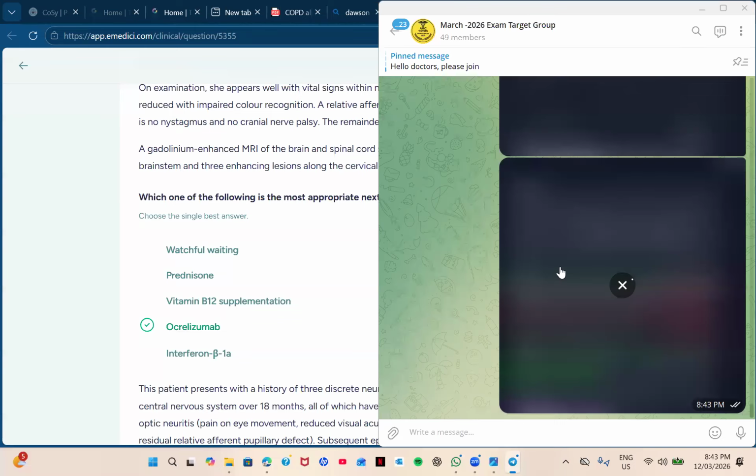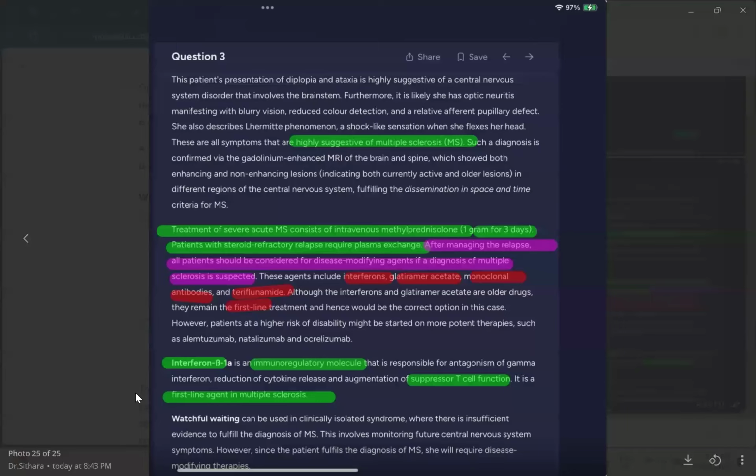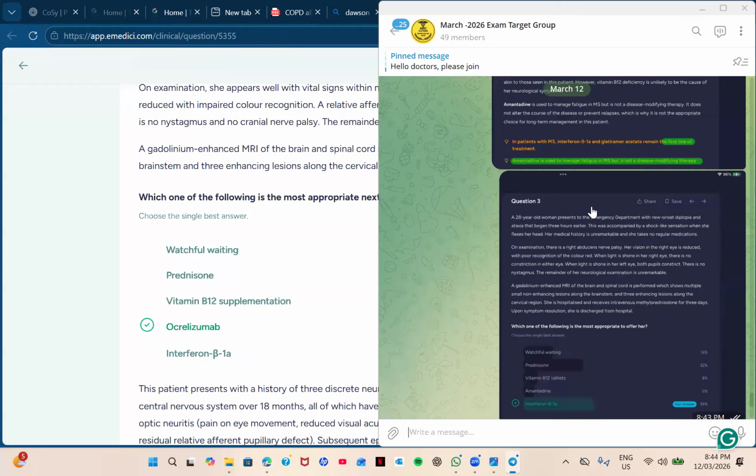Okay, I will delete it again, because otherwise in your mind there will be confusion. Here, that's the first option they have given long ago when I was doing it: interferon beta 1 is the immunomodulatory molecule responsible for this, and it is a first line agent in multiple sclerosis. That's what I'm telling. Please remember this sumab. Okay, I'm going to delete this.